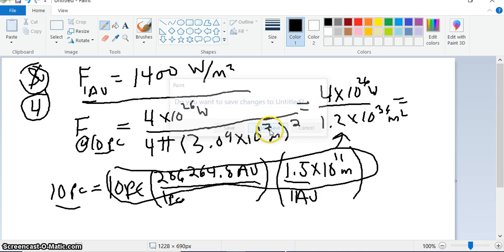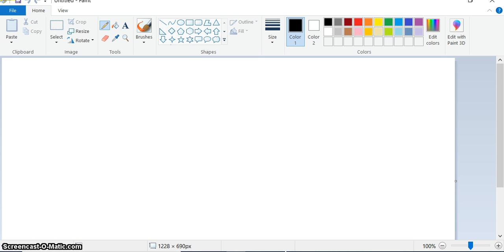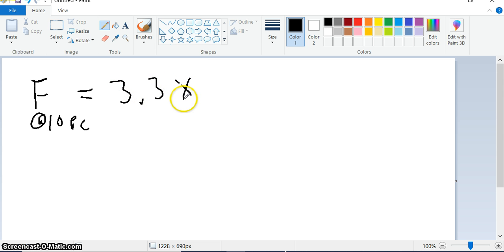The flux at 10 parsecs is going to equal, let's see, I get roughly 3.3 times 10 to the minus 10th watts per square meter.